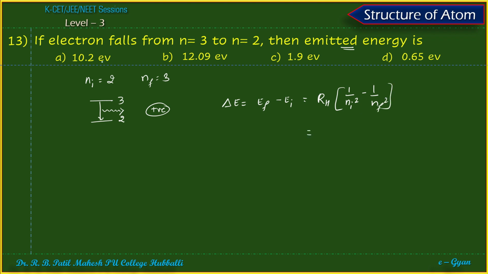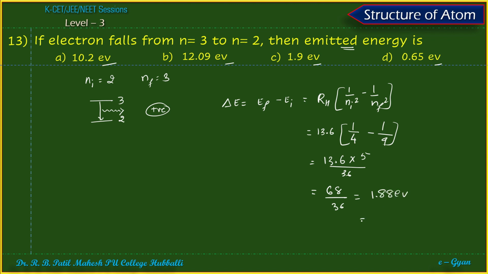By substituting the value with respect to electron volt, RH value for electron volt is 13.6 into bracket 1 divided by initial is 2, 2 square is 4, minus 1 divided by final is 3, 3 square is 9, which is equal to 13.6 into 5 divided by 36, which is equal to 68 divided by 36, which is also equal to 1.88 electron volt, which can also be written as 1.9 electron volt.